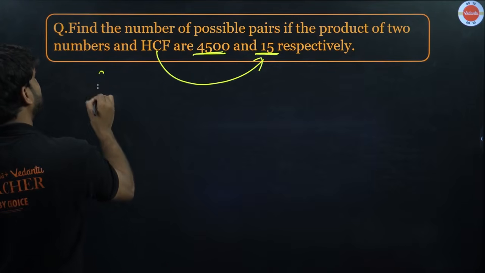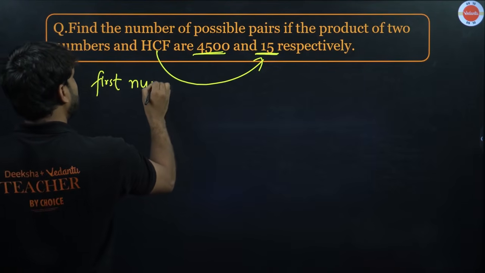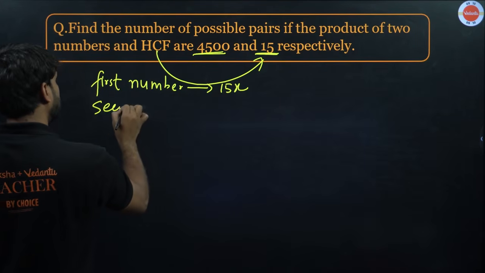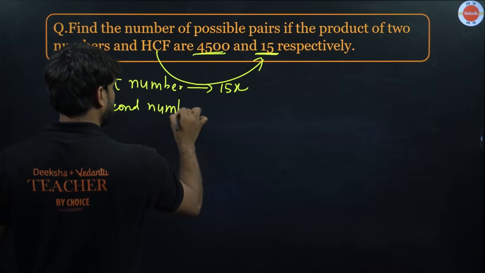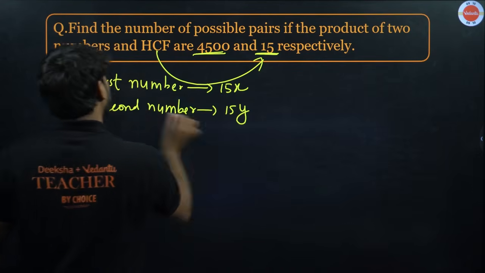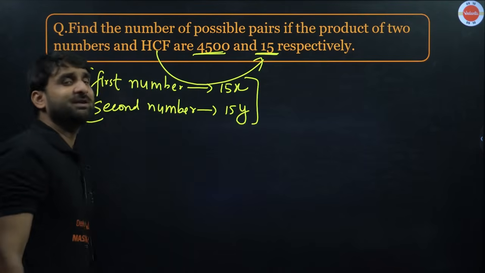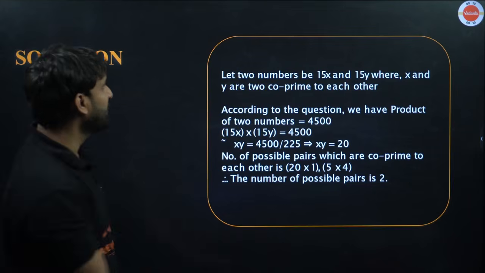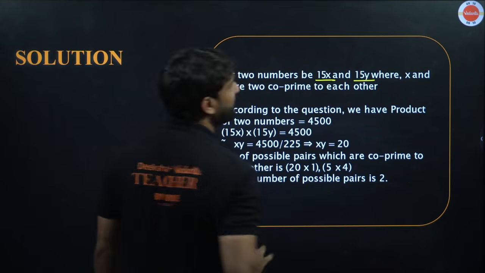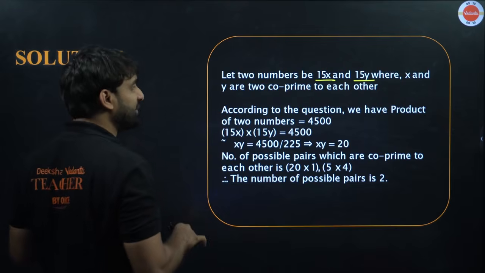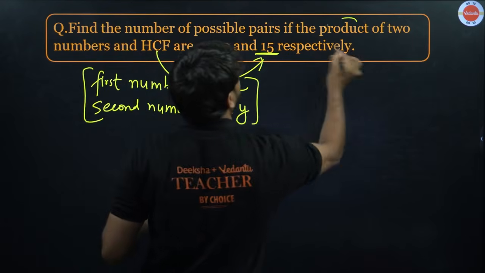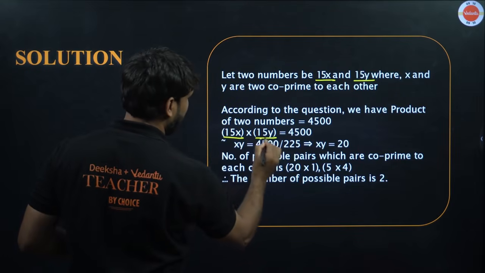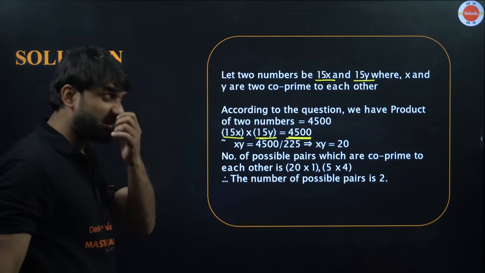So we can write the first number as 15x and the second number as 15y, because both numbers will be divisible by 15. So let the two numbers be 15x and 15y. The product of the numbers is given, so 15x into 15y is equal to 4500.